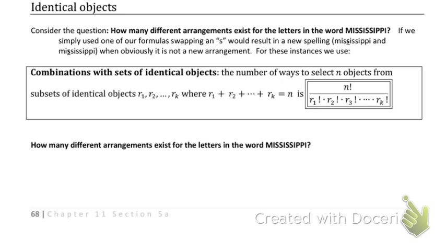So whenever we're doing something where there are identical objects that can appear, if we have subsets of identical objects, R1, R2, up to Rk, where R1 plus R2 plus and so on equals N, the count is N factorial over our different things. Now, it looks really complicated, but let's just deal with it with the word Mississippi. We'll do it together, and it's going to make a lot more sense.